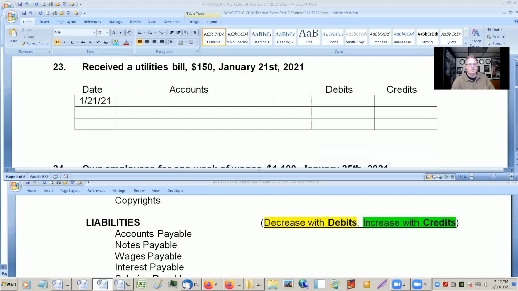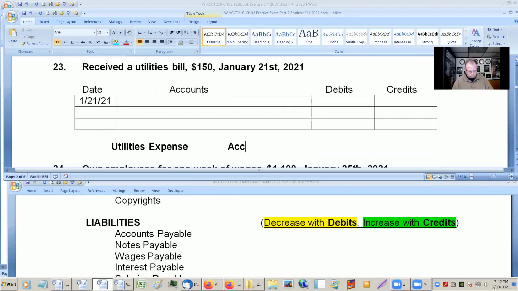Received utilities bill, 150. Utility expense, debit, going up. And what's the other side? We haven't paid it yet, so accounts payable.